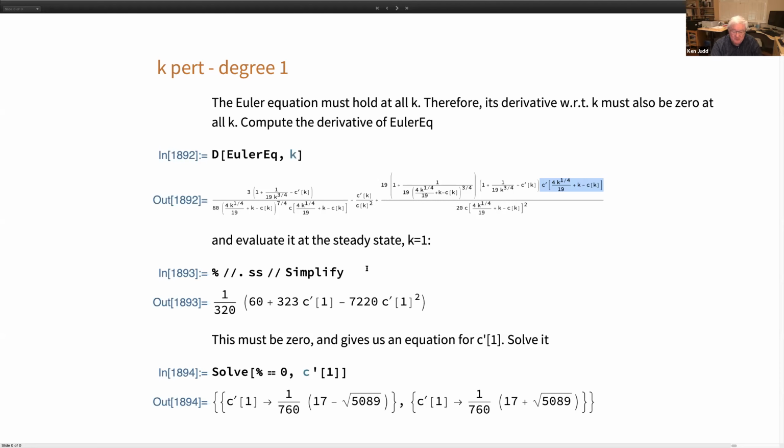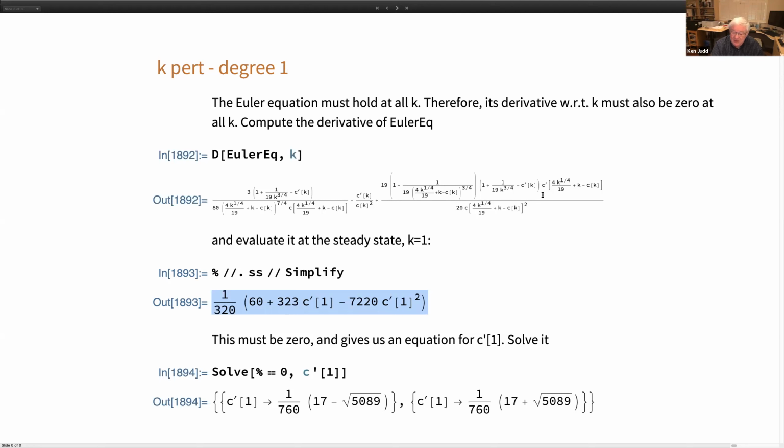This looks hopeless. But remember, we're only doing this at the steady state. We're only doing this derivative stuff at the steady state, K equals 1. So if we put the steady state conditions into this derivative and simplify it, what do we come out with? Wow, we just come out with an equation that involves only C prime at 1.